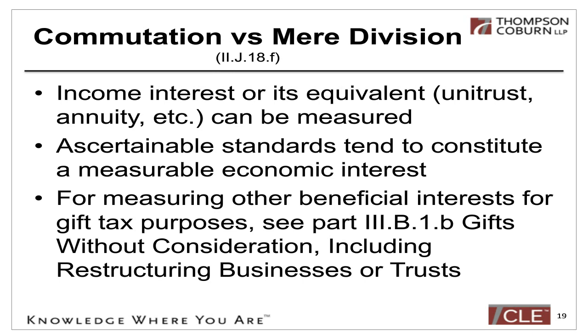And year after year, the beneficiary gets no distribution. So even though that was an ascertainable standard, they got no distributions. So arguably, that interest has a nominal value, maybe even a zero value. And you can see that I have discussions on those types of issues in Part 3B1B. Next slide.